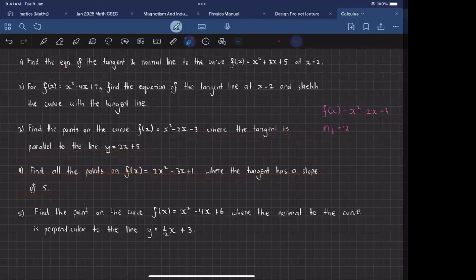Read that question. Find all the points on f of x equal to 2x squared minus 3x plus 1, where the tangent has a slope of 5. It's the same thing. In this one, this is you and this is Bryce.